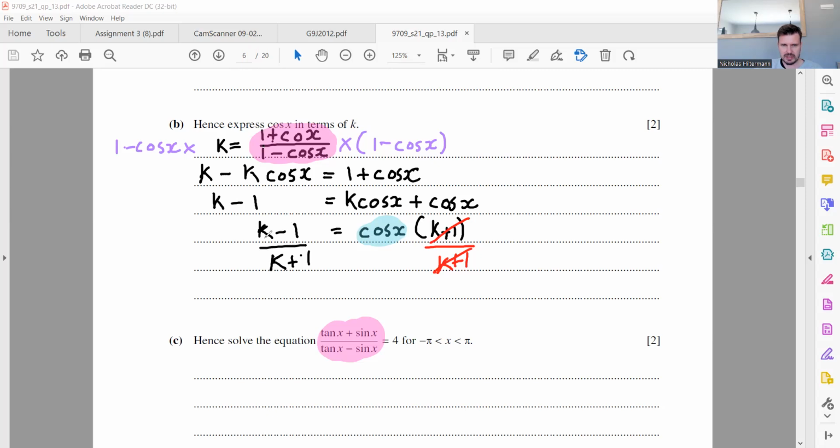So we got cos x equaling that. So essentially, if k is equal to this, then we could say that k is equal to 4, because this technically was k.